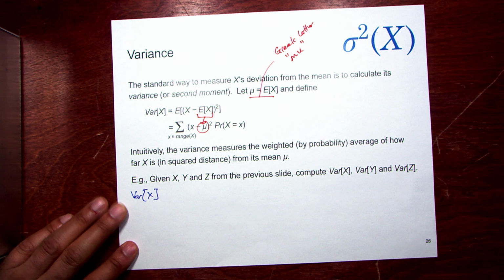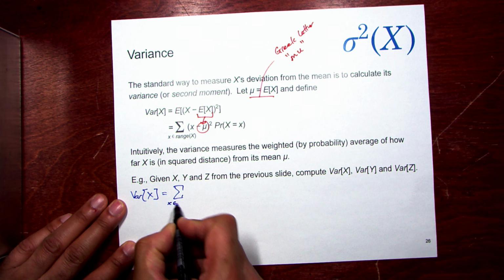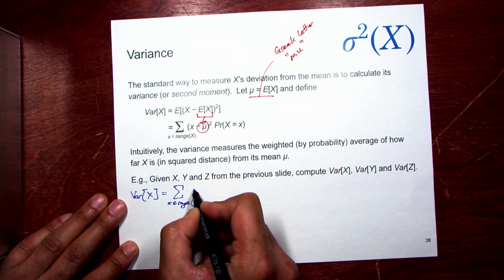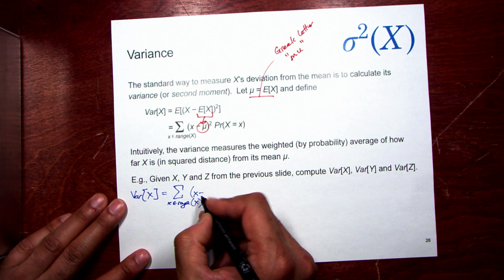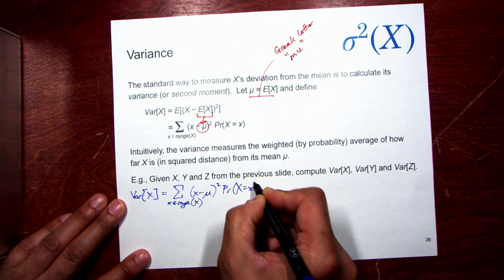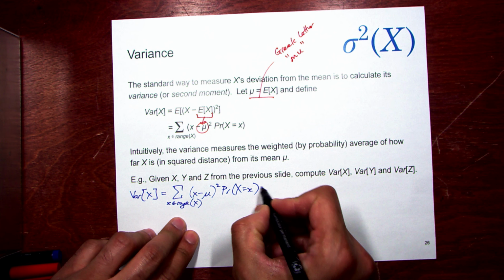So the variance of x is the sum over all x in the range of x of (x minus mu) squared times the probability that X equals x. There's only one thing in this distribution, and it's 0.